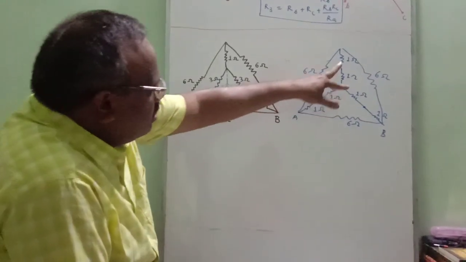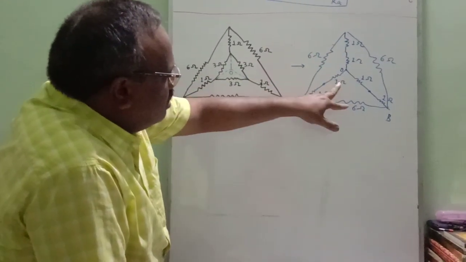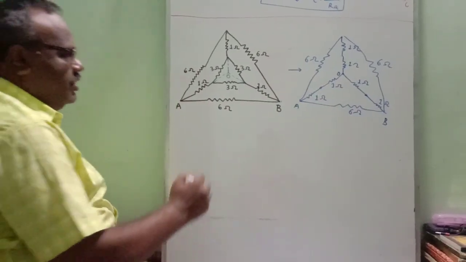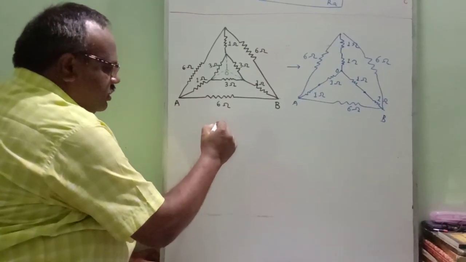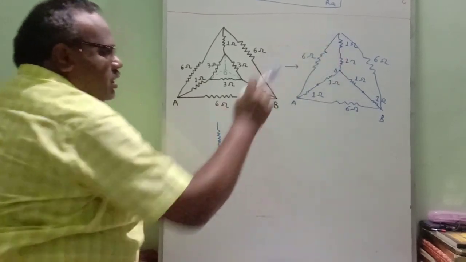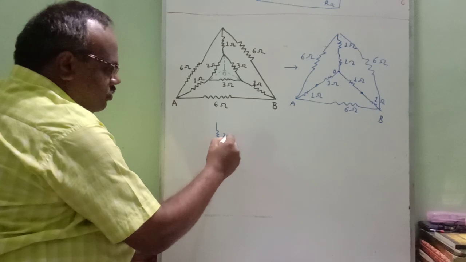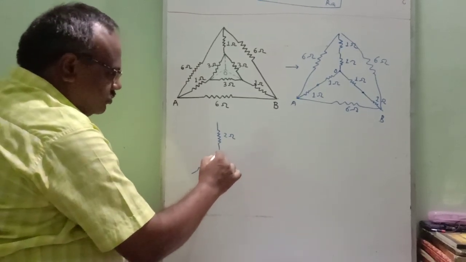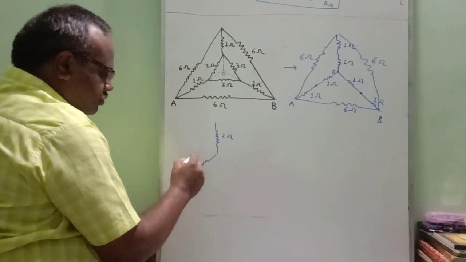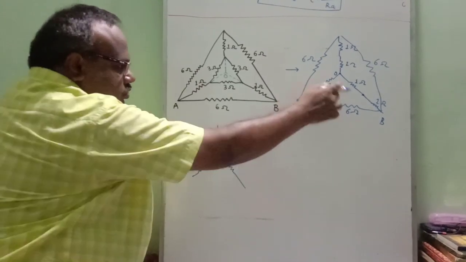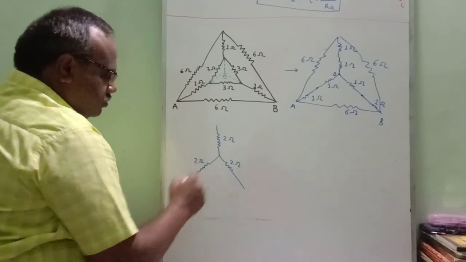If you see here, these two are in series, these two are in series. So if you draw it, these two in series, 1 and 1, will become 2 ohm. These two are also in series, so you are getting 2 ohm. These two are also in series, so you are getting 2 ohm.